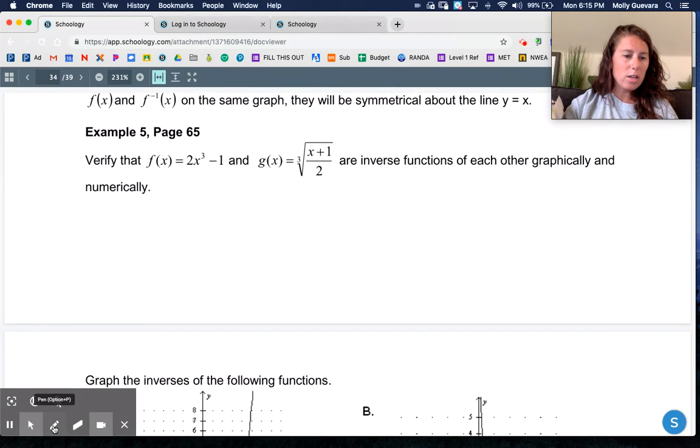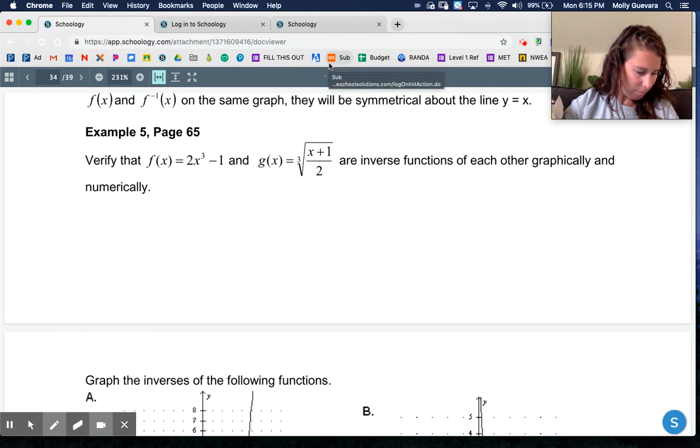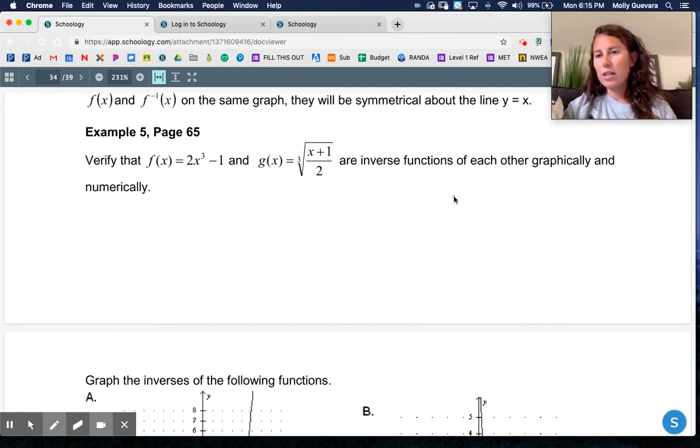So let's start with verifying this numerically, just because we can. Actually, we probably feel pretty good about figuring this out numerically. Let's just show you graphically, and if you want to test it out numerically, you can.